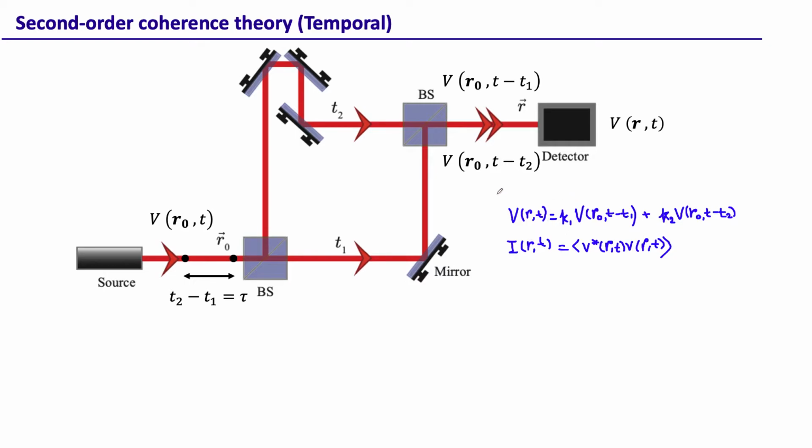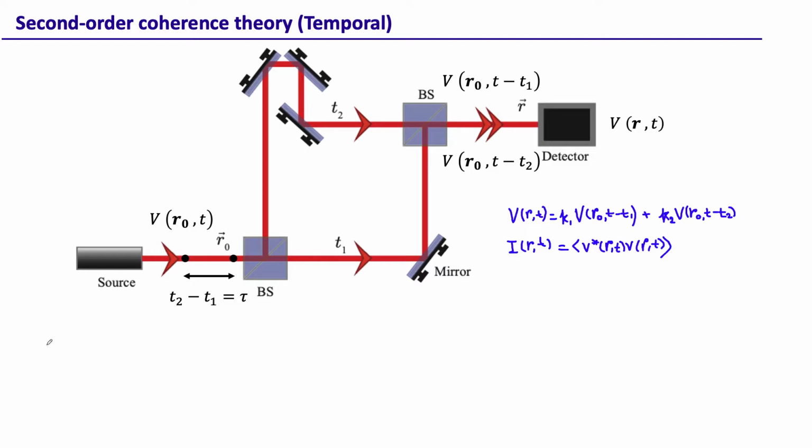So that's the field and that's the intensity, just a simple formula that we have applied. Now you want to calculate this intensity by expanding this V. So let's do that.